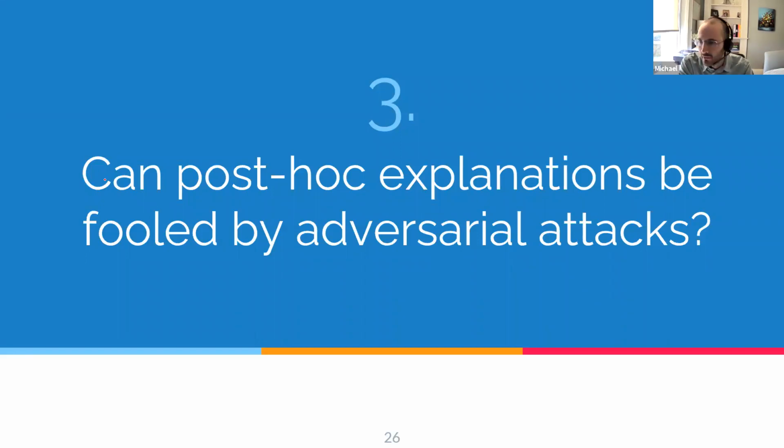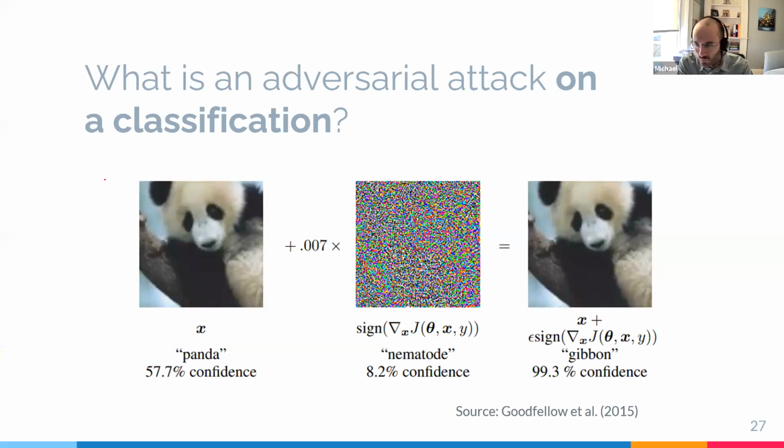I just wanted to be clear what we mean by an adversarial attack in this context, because normally in the machine learning literature, when we see the term adversarial attack, we mean something like this, where we are able to alter the classification of an input using some kind of perturbation.